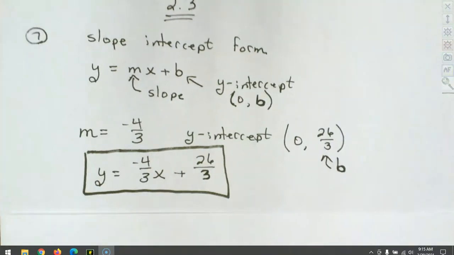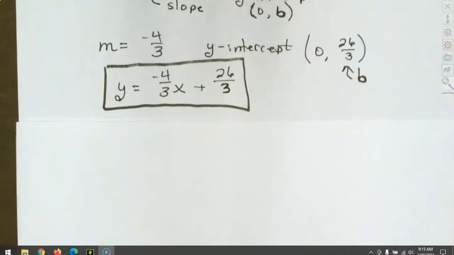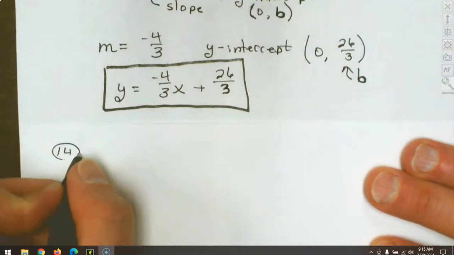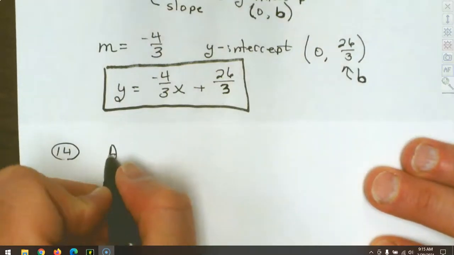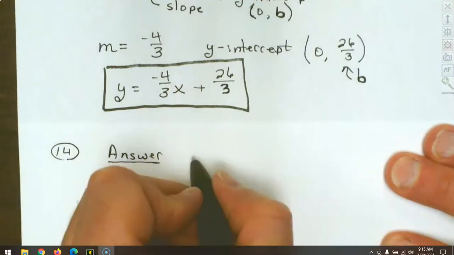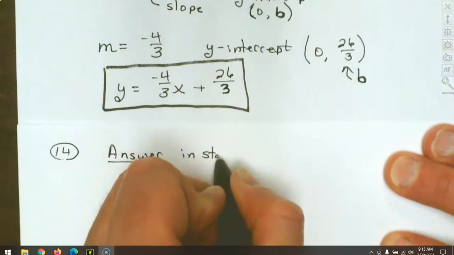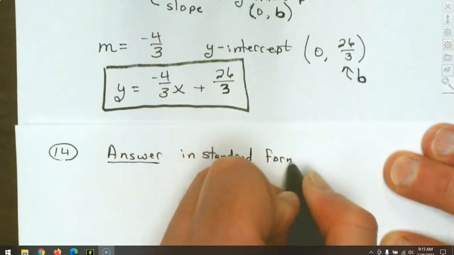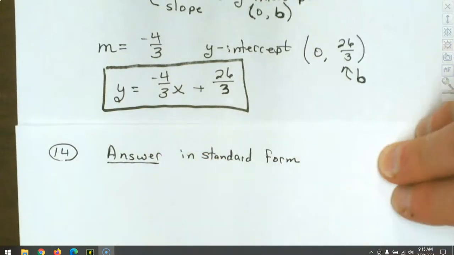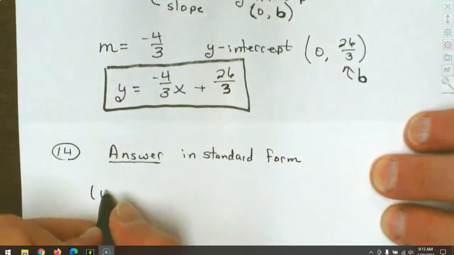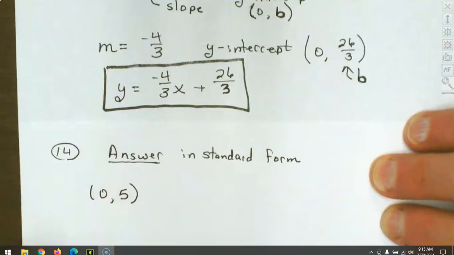Now 14, we want our answer in standard form. And for 14, we've got this point, (0, 5).